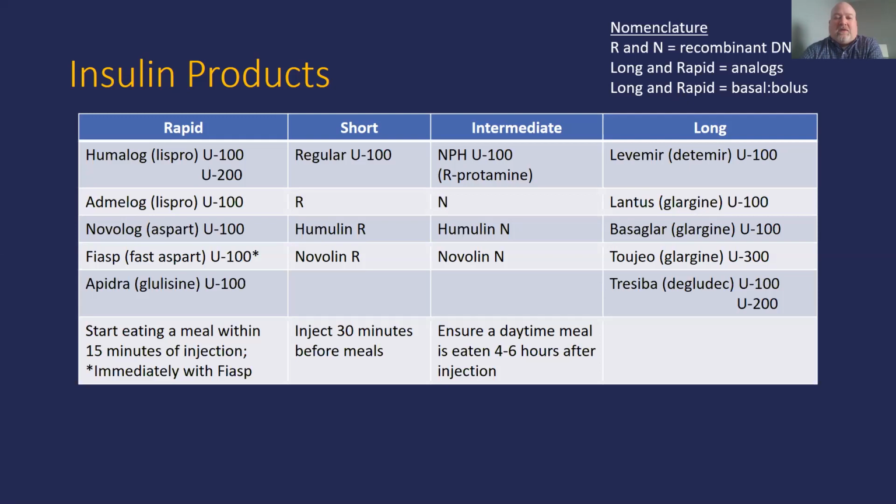Rapid insulin is going to peak very quickly. It kicks in at 15 minutes. It doesn't peak, but it starts working in 15 minutes. If a person hasn't eaten anything yet at that point, it could put them at risk of a low blood sugar. So I tell my patients, anytime they're on a rapid insulin, get the food ready, have it on the plate in front of them, give your injection, and start eating immediately.